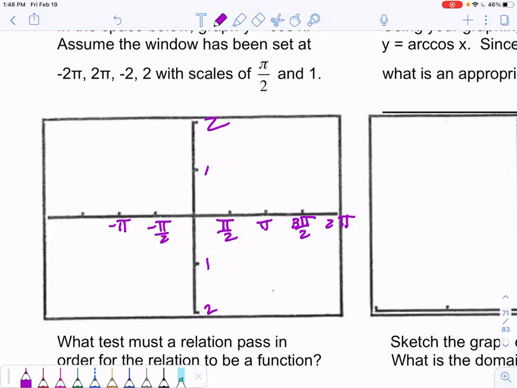Sine is the one that starts in the middle. So when you go to graph cosine, remember that first point is up at positive 1 on the y-axis. And then it goes all the way down and comes back up. And it does the same thing on the other side because cosine is even.